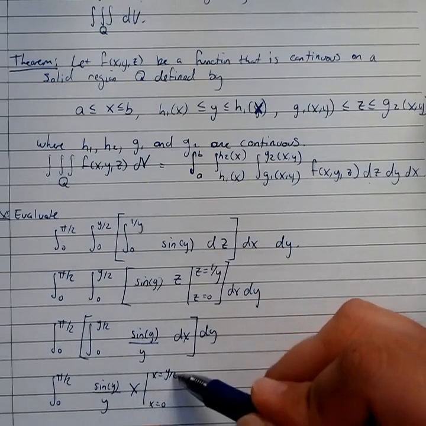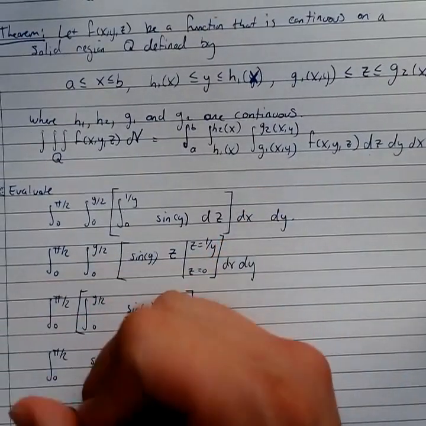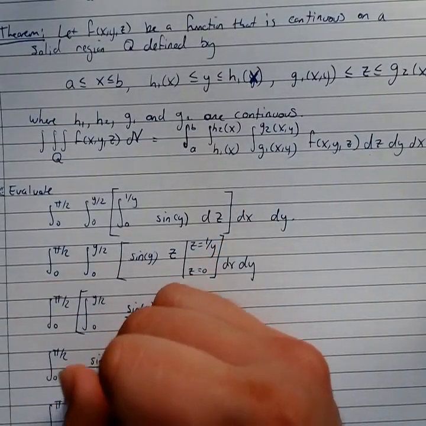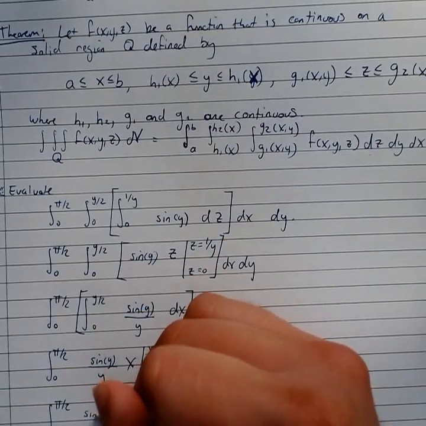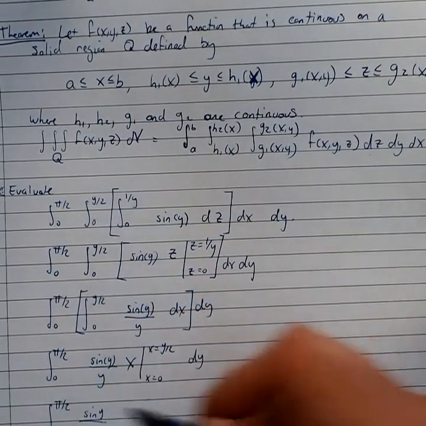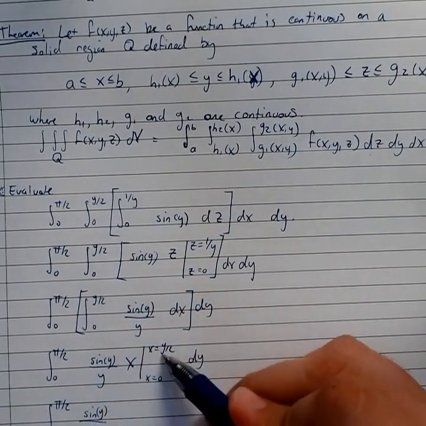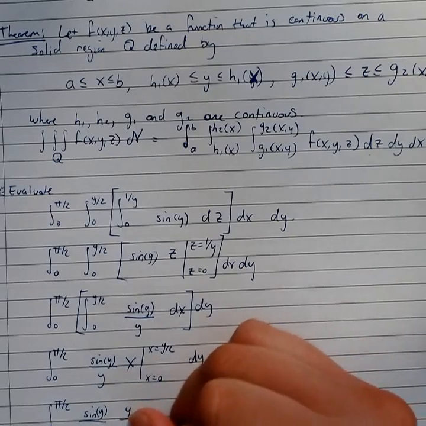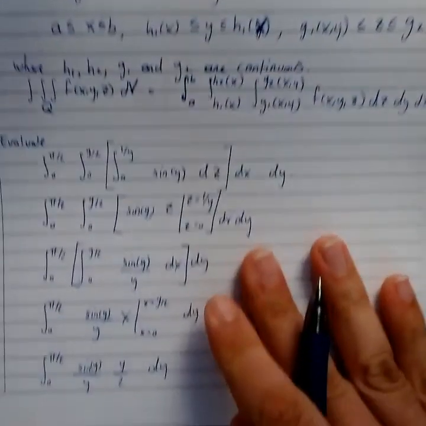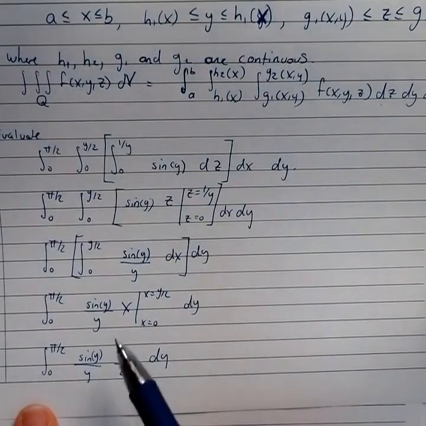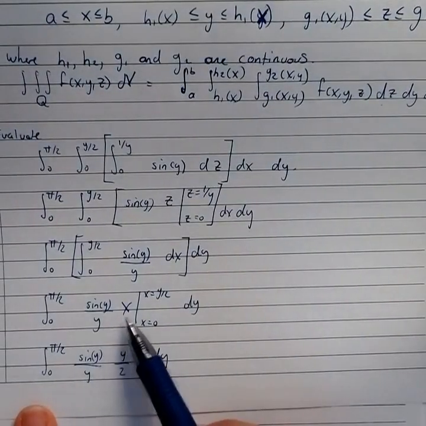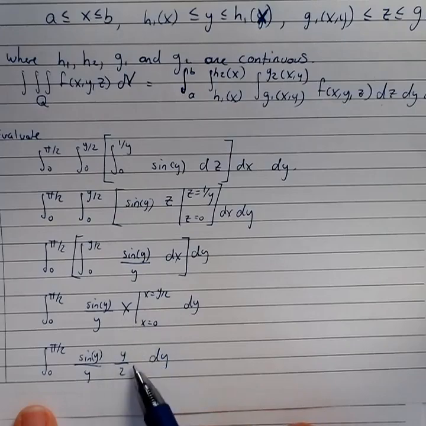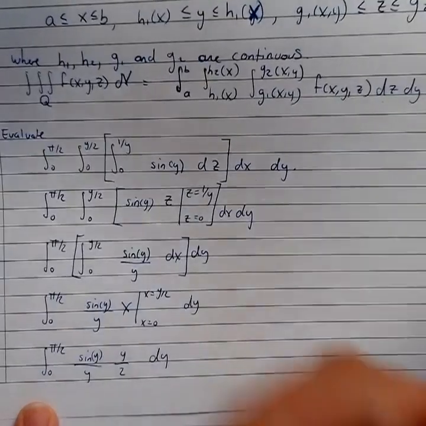But now, if you evaluate where x is equal to y over 2, this will give us the integral from 0 to pi over 2 of the sine of y over y times, well, x is now y over 2, dy like this. Right. Sine of y over y. x is now equal to y over 2, so that's what's being multiplied. And here these simply divide away.